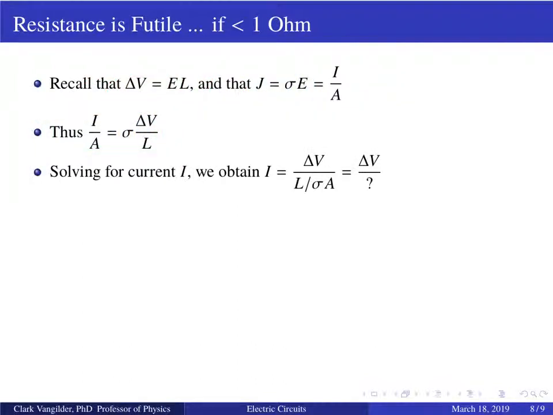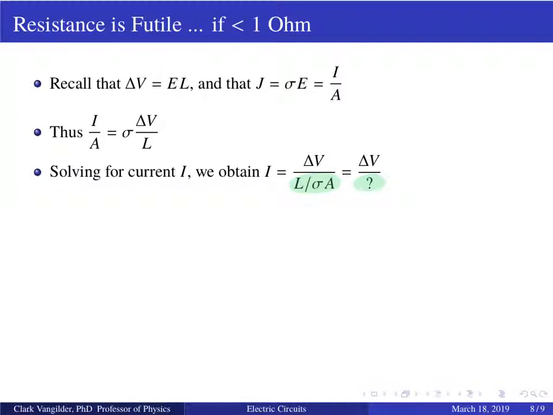So solving this for current, try to get it back into something that we're doing. We have this, and so this right here, what am I going to call this, L over conductivity area? It's a new thing, all right?